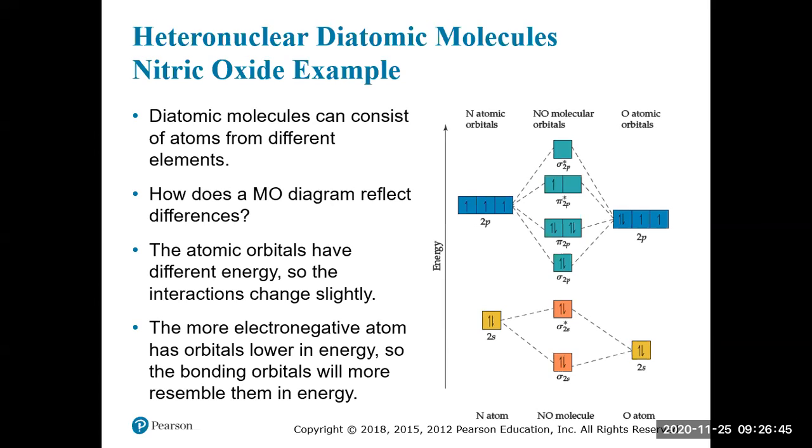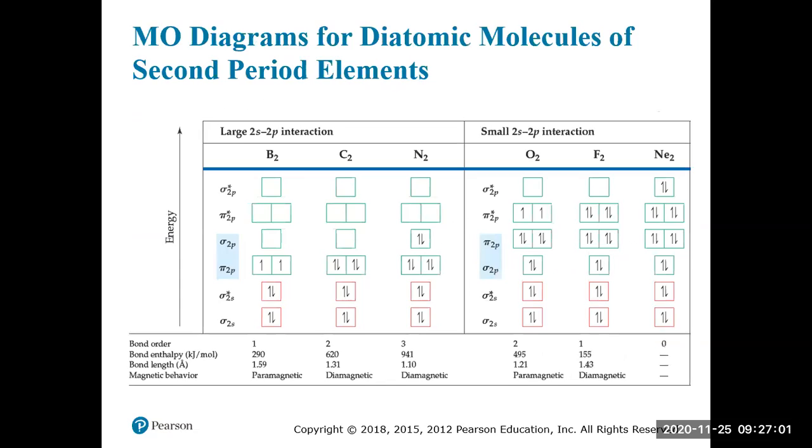The other thing I want to point out about the molecular orbital material, and you probably picked up on this, but I'll just repeat it anyway, is we did a little bit of an example of a diatomic molecule that had two different atoms. If we go back here, all of these were diatomic molecules with the same atom. And as we started adding electrons, we didn't get very far. We got through nitrogen, and then we started seeing energy levels changing.